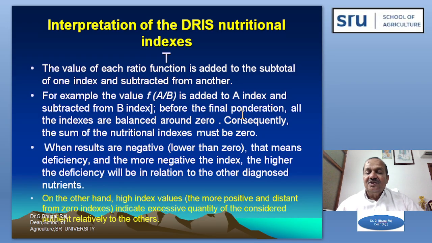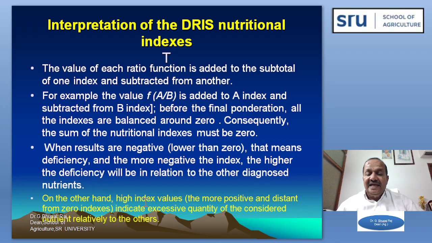Before the final ponderation, all the indexes are balanced around 0. Consequently, the sum of the nutritional indexes must be 0. When the results are negative, lower than 0, that means deficiency. The more negative the index, the higher the deficiency in relation to the other diagnosed nutrients. I already explained this in the last slide.